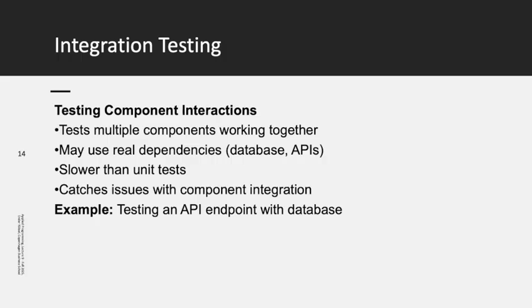Scenario 2. Your frontend correctly formats dates in US format, month, day, year, and your backend correctly parses dates. But your backend expects ISO format, year, month, day. In production, all date submissions fail. Integration tests between frontend and backend would also catch this.